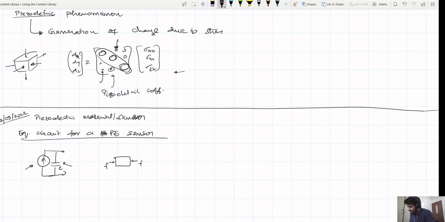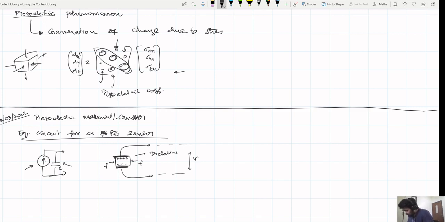The reason it is there is because piezoelectric crystals are in general dielectrics. When you apply a force, there is some charge separation that is generated, and the way we probe this charge separation is by putting metallic contacts on top and bottom of the piezoelectric sensor, and then looking at the voltage.